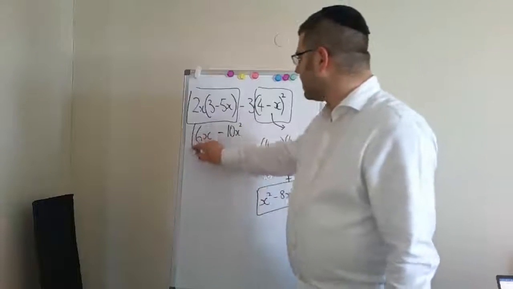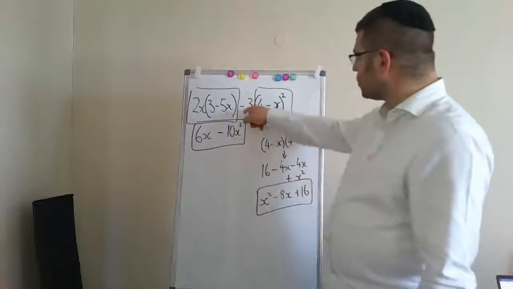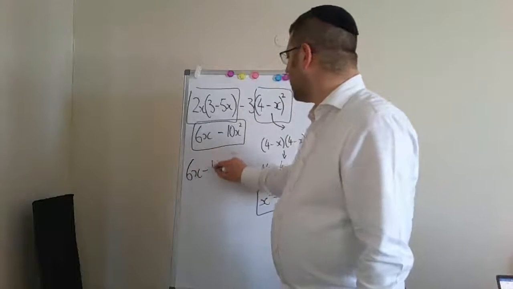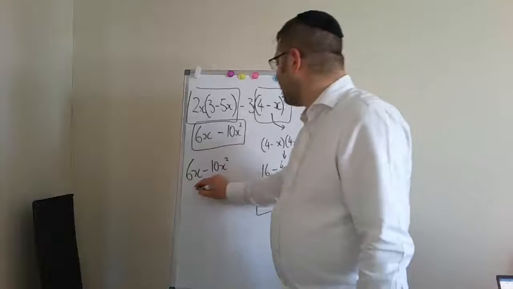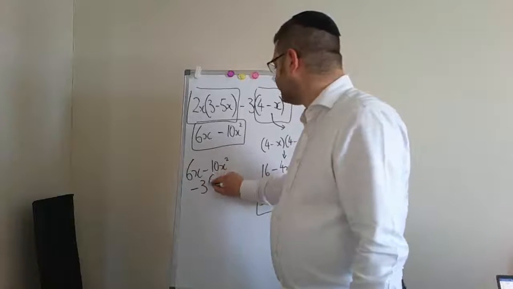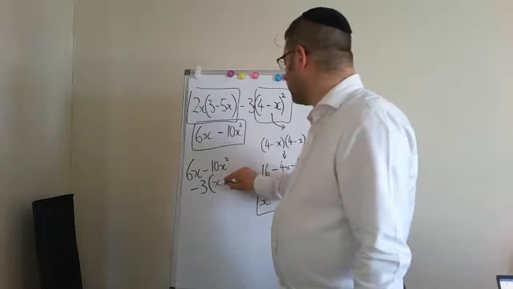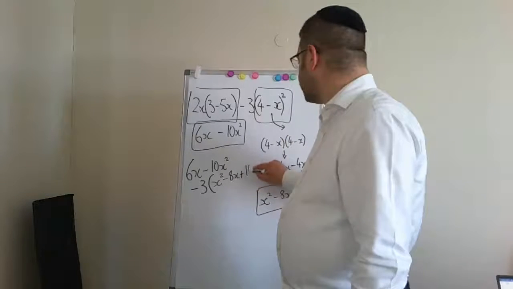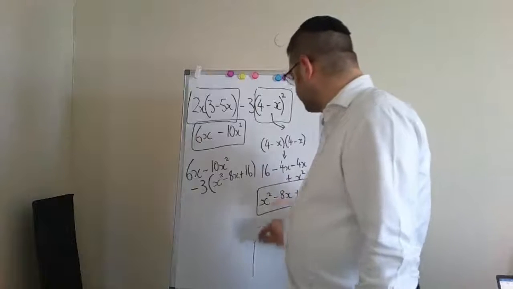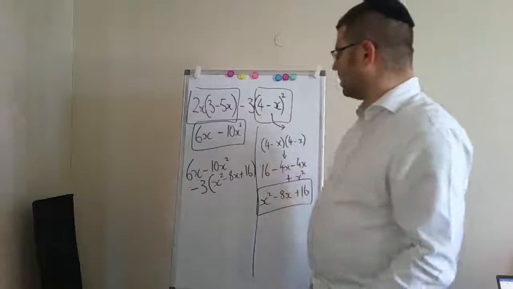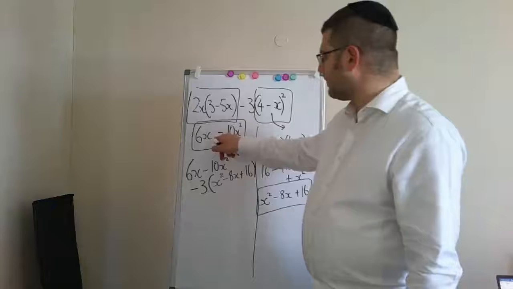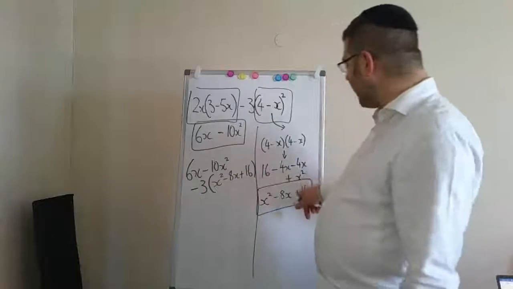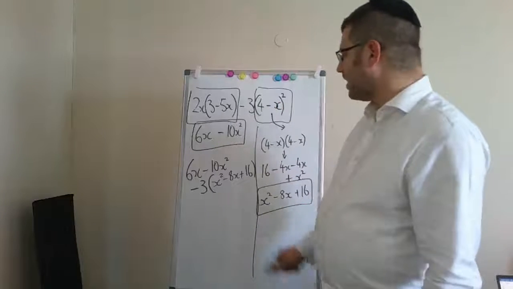So let's write 6x minus 10x squared minus 3 times x squared minus 8x plus 16. Okay, so you see what I did there? The first term, then the minus and the 3, and then what I found here goes in its own bracket. Now let's multiply this out.